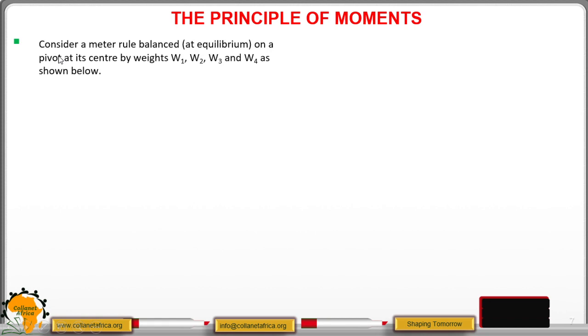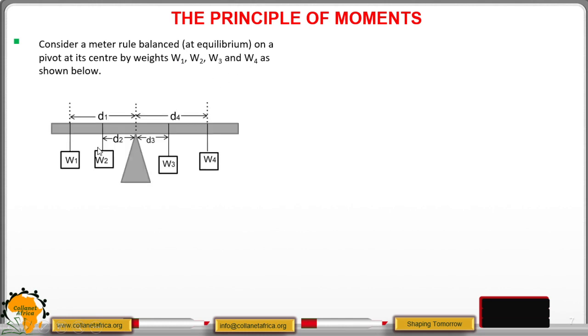And for us to understand the principle of moment, we consider the following meter rule, and of course it is balanced, or it is at equilibrium, and we have several weights which we are going to call W1, W2, W3, and W4 as shown below.